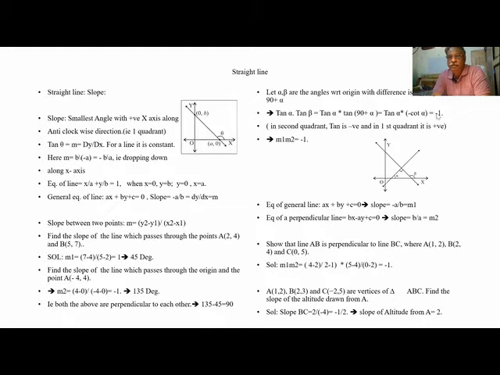So tan alpha tan beta is equal to minus 1 when they are 90 degrees apart.